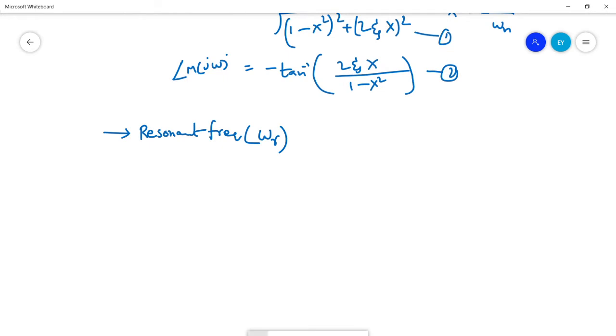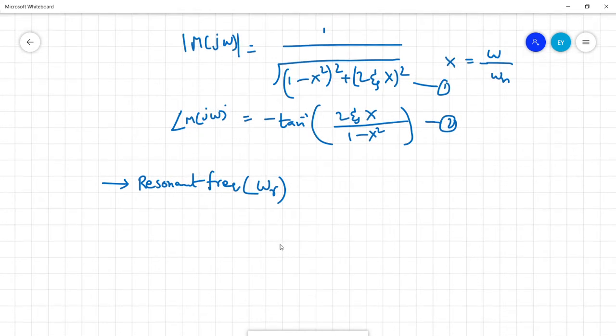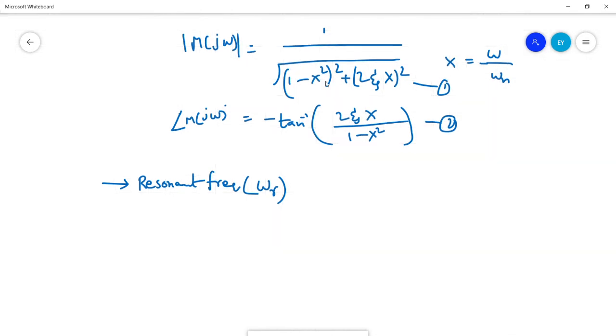From the magnitude plot, we have the first equation, 1 by square root of (1 minus x square) whole square plus (2 zeta x) whole square. To compute the maximum of anything, like we see in derivatives, if you want to find a maximum value, we equate the derivative to 0, right?